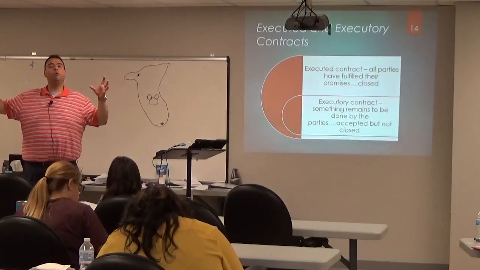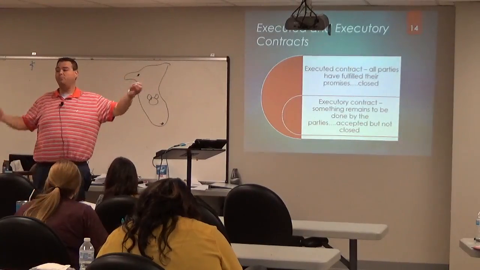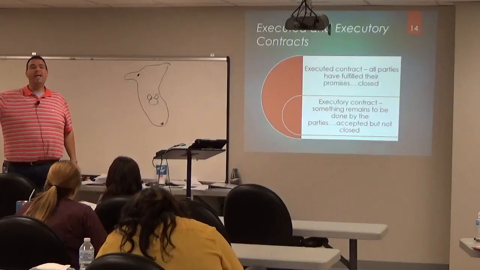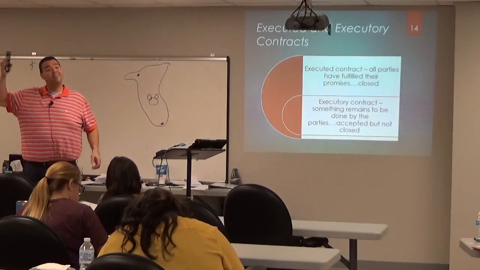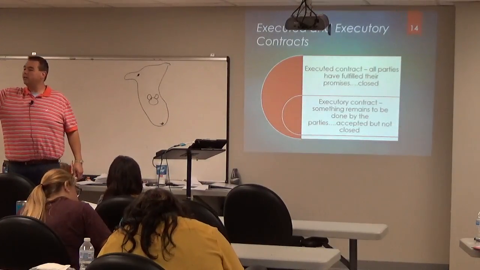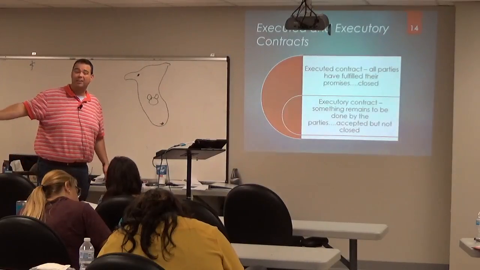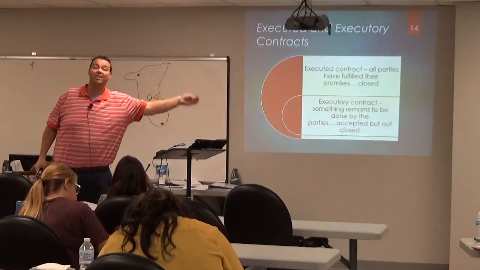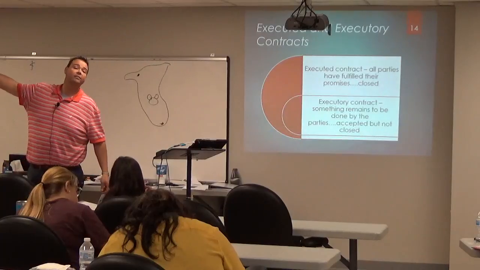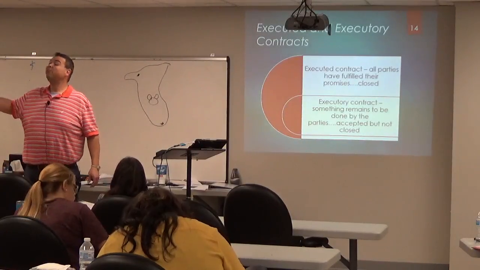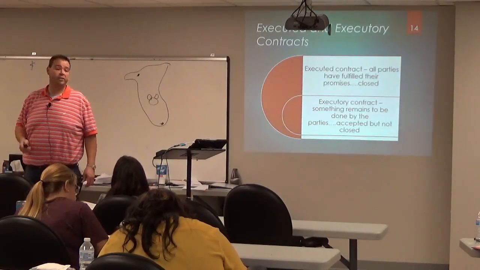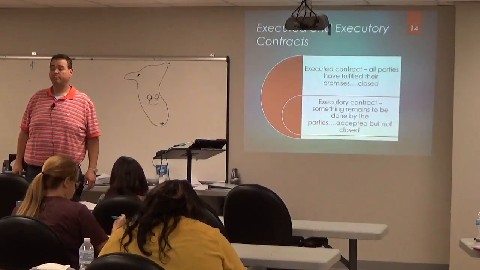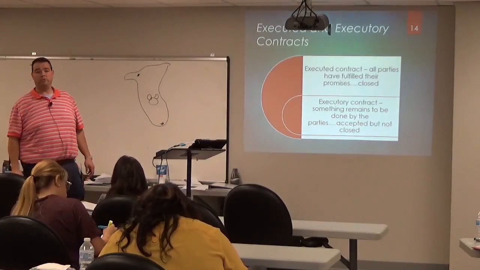It's been accepted, but it hasn't been closed. The only thing that makes it executed is closing. Don't make that harder than it is. So if it's anywhere between signing and closing, it is executory. If it's closed, it is executed. Are we good on the difference between those two?